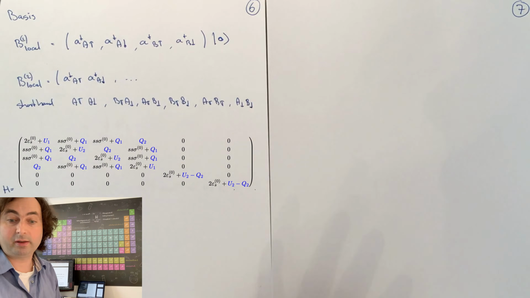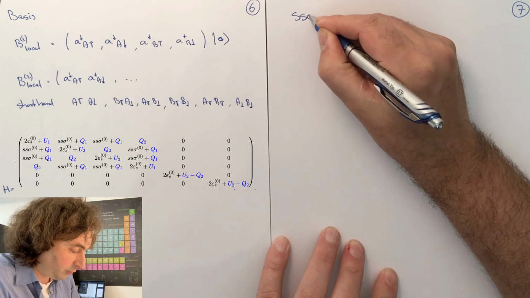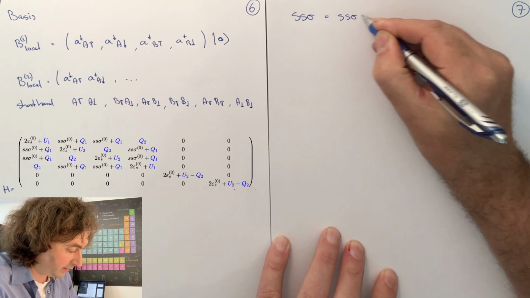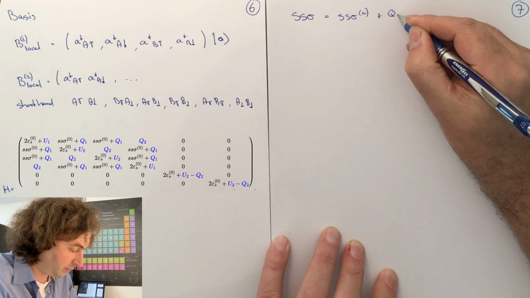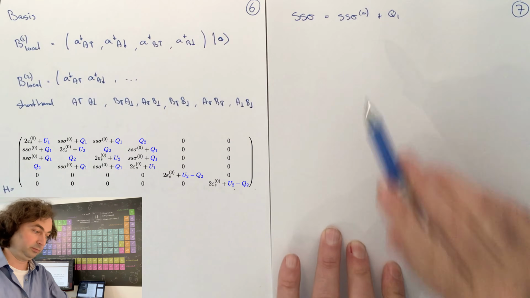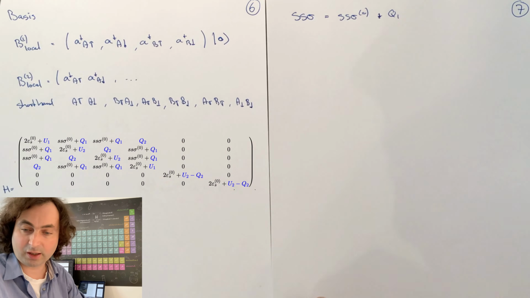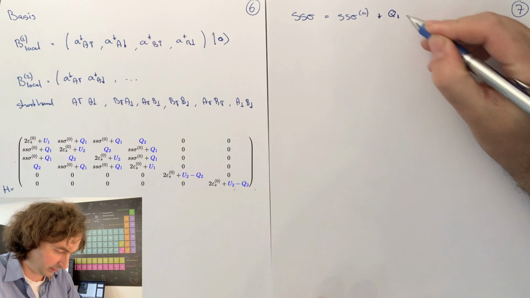Now let's make a few transformations. The one that we already announced to make is that we're going to introduce S sigma as S sigma 0 plus Q1. So the hopping due to the kinetic energy and the potential of the nuclei, plus the hopping because we have Coulomb interaction between our electrons.